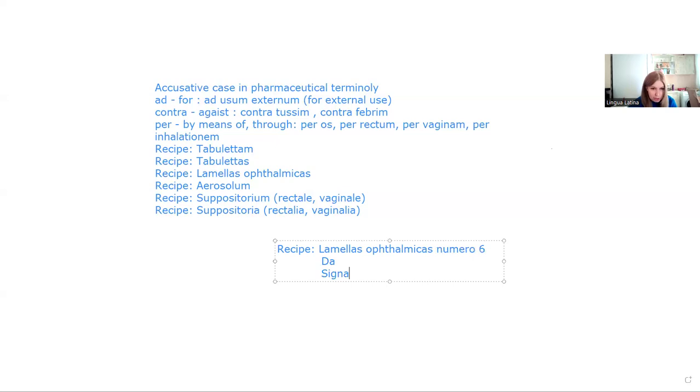Or one more prescription. Take paracetamol tablets. Give out, indicate. Recipe. Tablets again is an exception, so we have to use tabuletas.